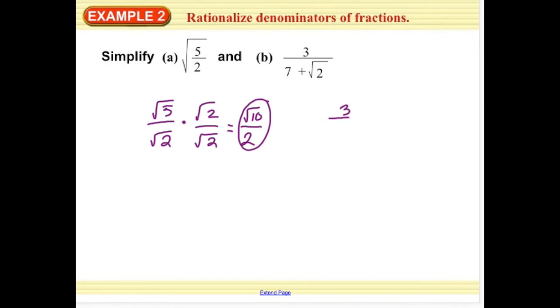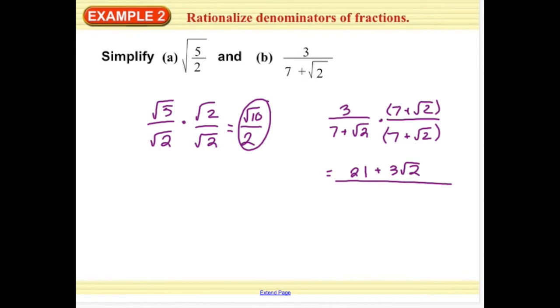Simplifying letter B is a little more complicated because in order to get rid of the radical in the denominator, I need to multiply by the whole denominator, 7 plus square root of 2. And in order to do that correctly, when I multiply the numerators together, I have to use the distributive property. So 3 times 7 is 21, plus 3 times radical 2 is 3 radical 2, over, and then I have to FOIL the denominators together, right?